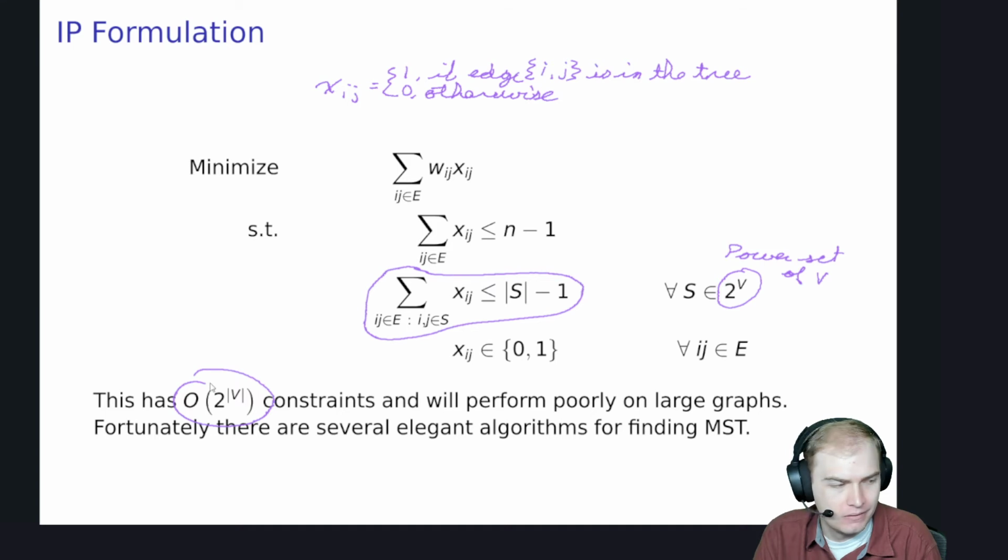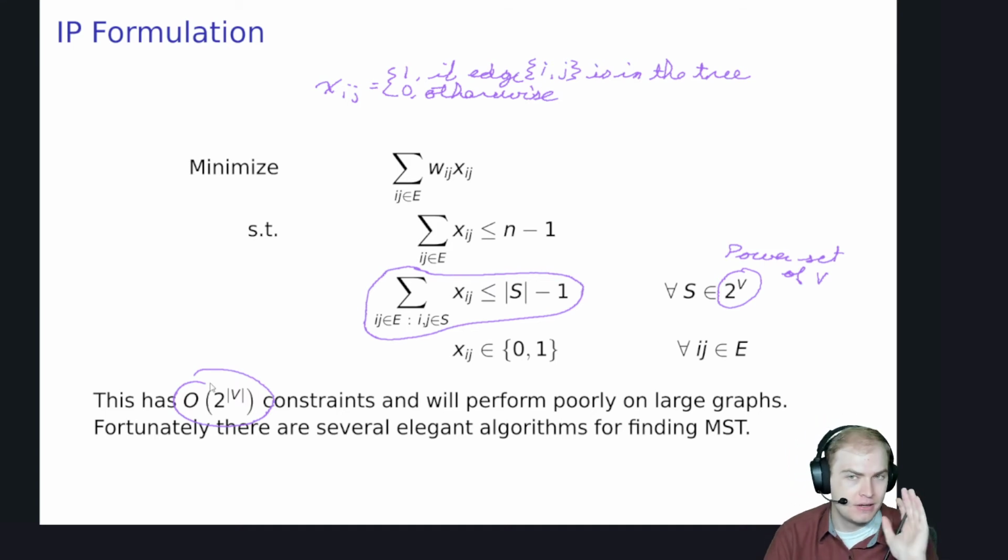So the IP is very difficult to solve for large problems. Additionally, it's not always a TU matrix. It's not always a totally unimodular matrix.